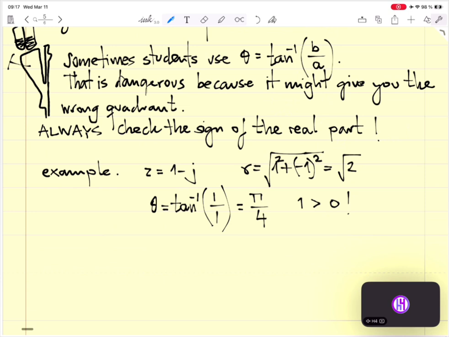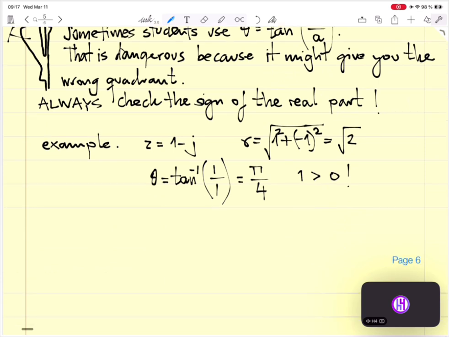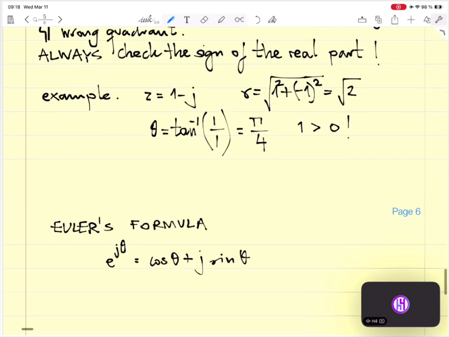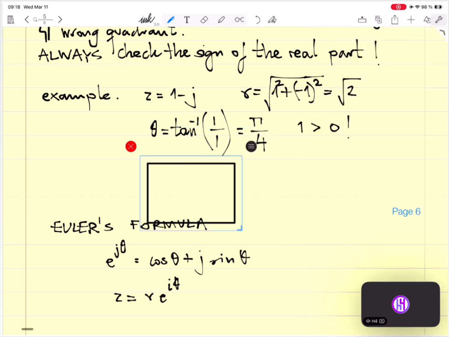So, the exponential form, or Euler's formula, is e to the j theta equals cosine of theta plus j sine of theta. So the polar form z is r e to the j theta. This is the polar form, the exponential form of the complex number.